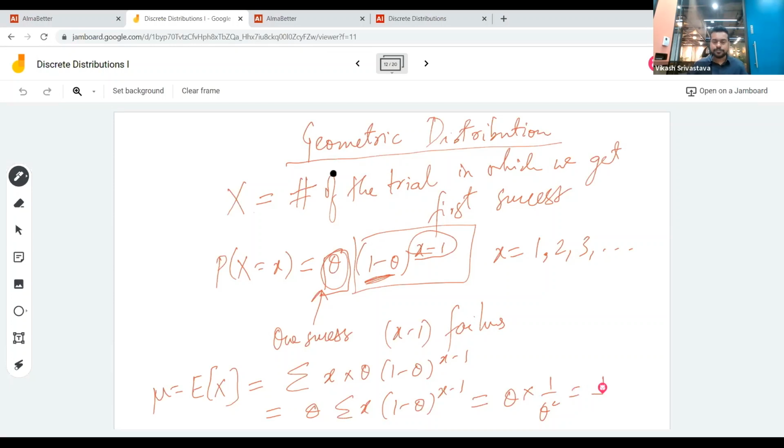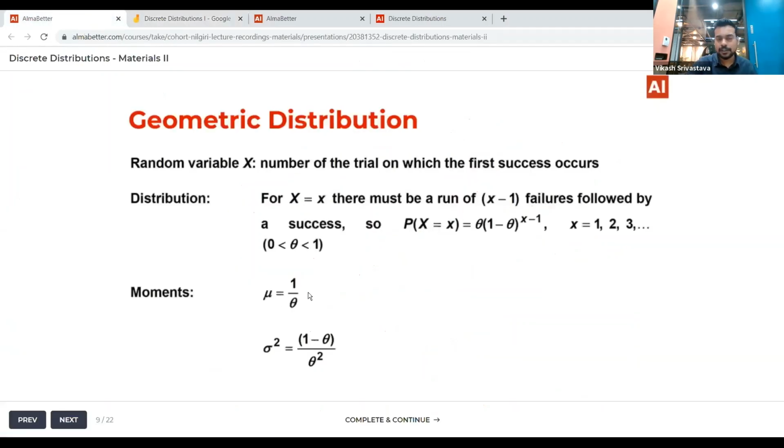So that's the expected number of trials I need to do to have my first success.